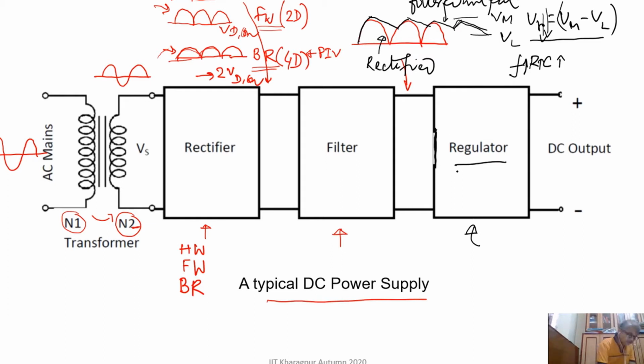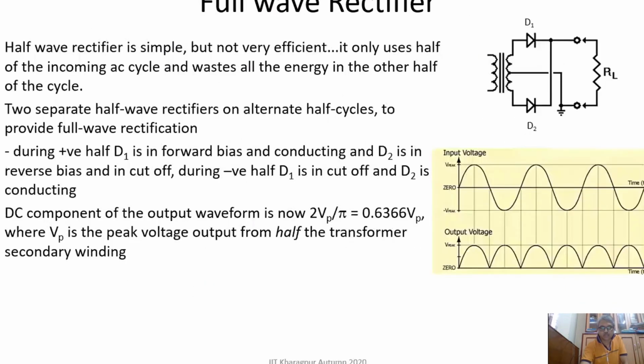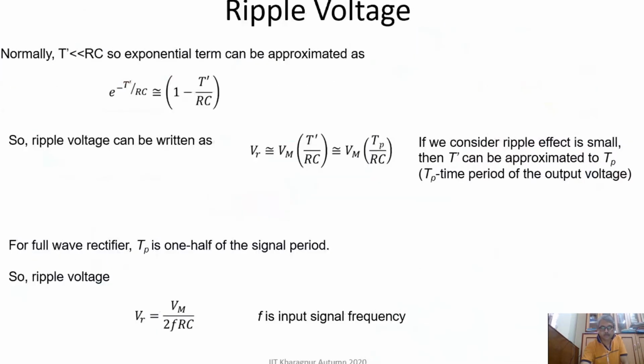So this is the regulator block, and we'll discuss the working principle of this regulator circuit, which will show that even if there is this variation, the output voltage here will be fixed. So let's go to the regulator block.